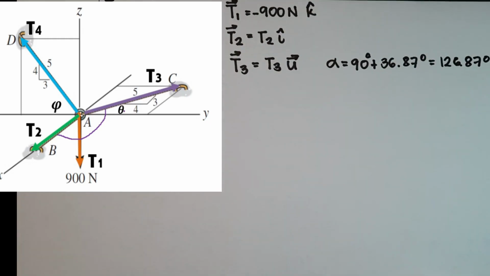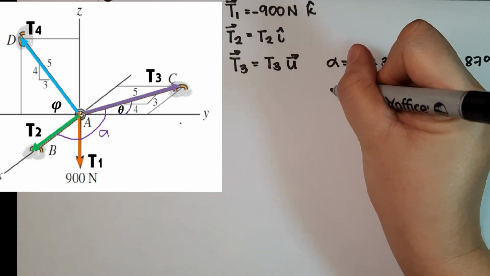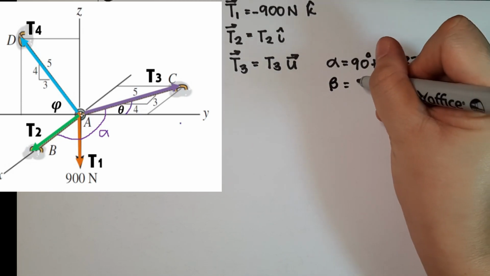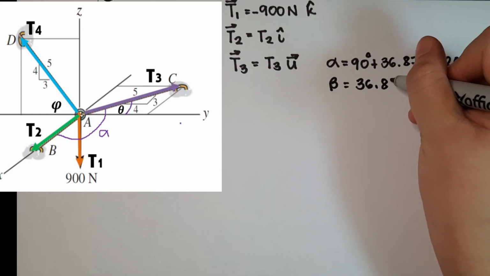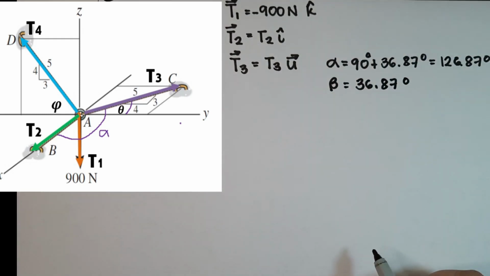For beta, that is the angle from positive y going here, and that is also our theta, so beta is 36.87 degrees.